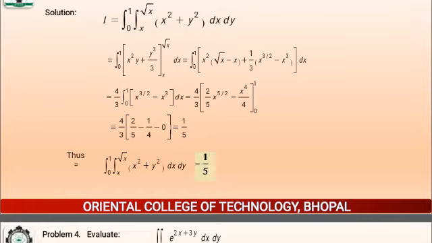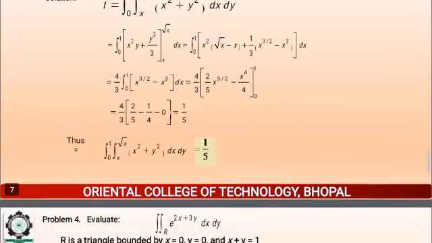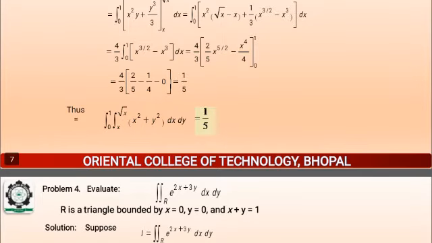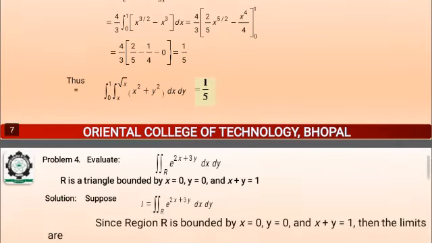After this, multiplying these steps, we have x to the power 5 by 2 minus x cube, and integrate this with respect to x, we have 2 by 5 x to the power 5 by 2 minus x 4 by 4, and limits are 0 to 1. Applying these limits, we have 1 by 5 is the answer.